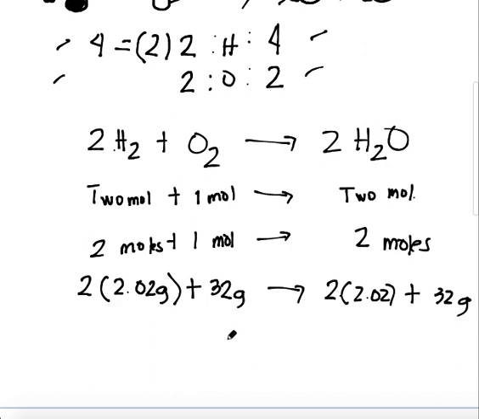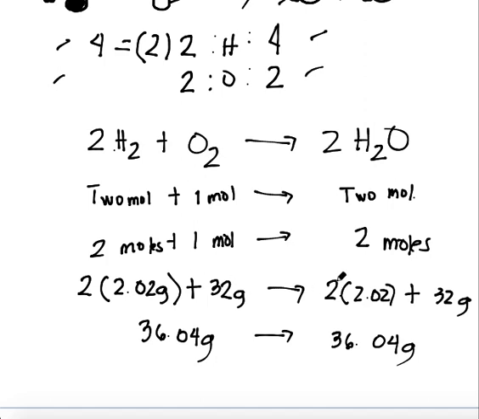So let's look at it on our calculator. 2 multiplied by 2.02 plus 32, the answer is 36.04 grams. And the product also gives 36.04 grams as well.